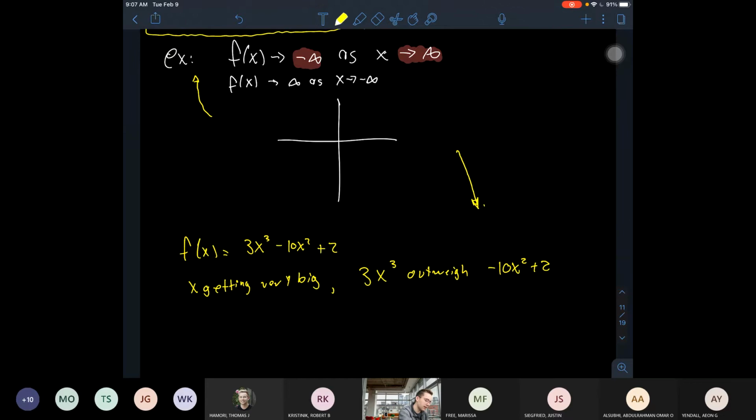When x is 0, then we're not really sure.